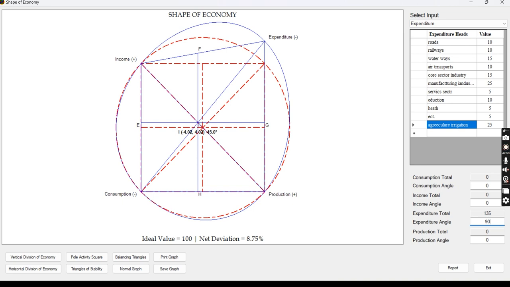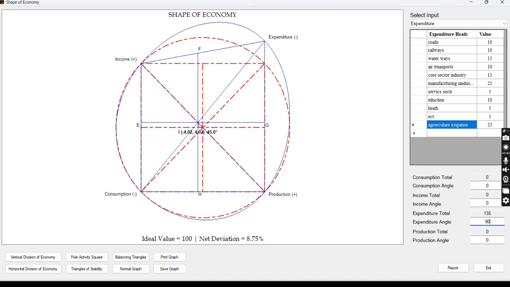You also have to understand that the circle is drawn touching the four corners of income, consumption, production, and expenditure, and how the variations can be interpreted because of these changes, by making an input and drawing a perfect interpretation of your analysis.